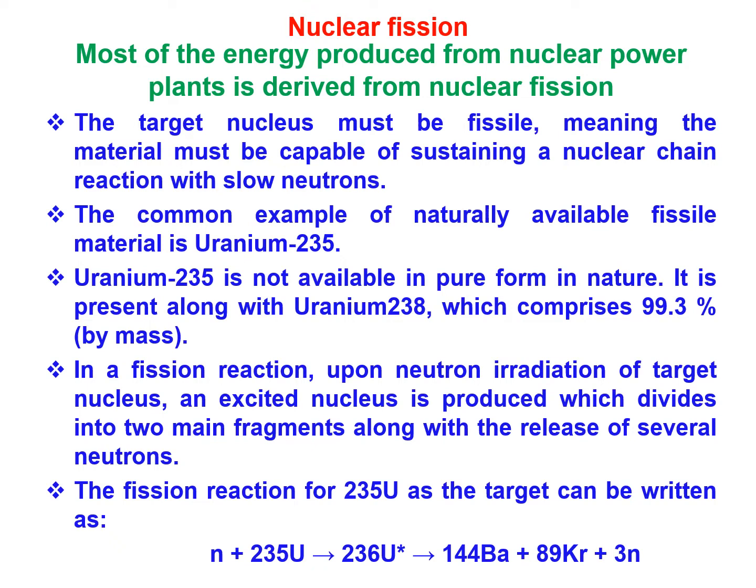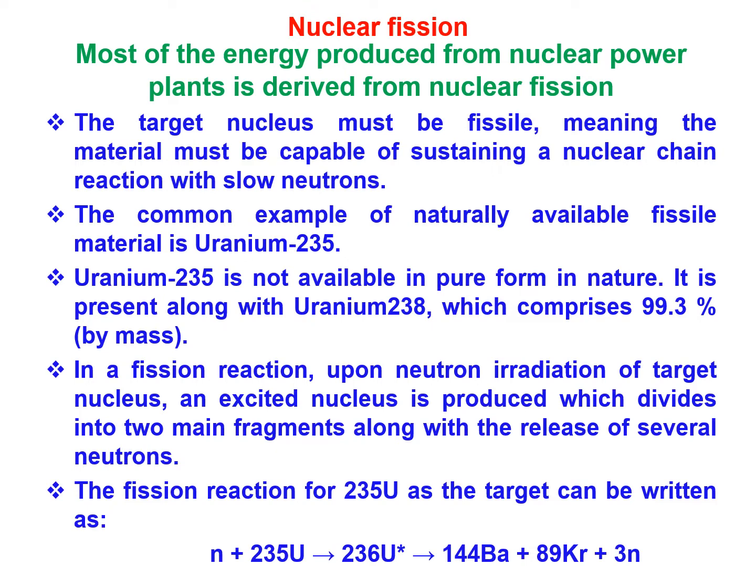So when the nuclear reaction, that is the chain reaction, is taking place, it will release an enormous amount of heat energy that will be utilized for converting the water into superheated steam. Most of the energy produced from a nuclear power plant is derived from nuclear fission.